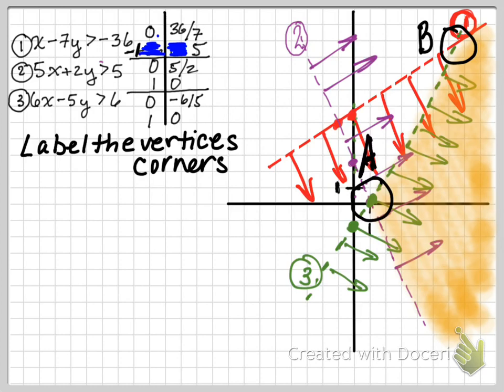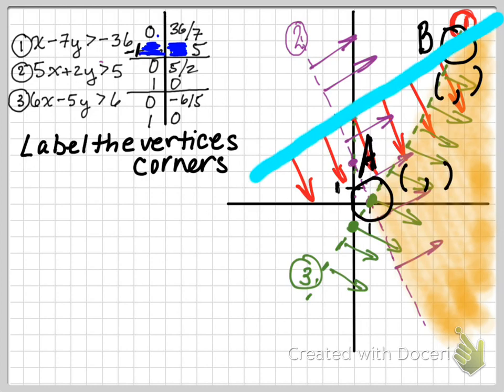And then the second thing that I'm going to do is find the actual coordinates. What are the actual X, Y coordinates of those vertices or those corners? And that's a simple system of equations, right? Because I just want to know where this edge intersects with this edge.